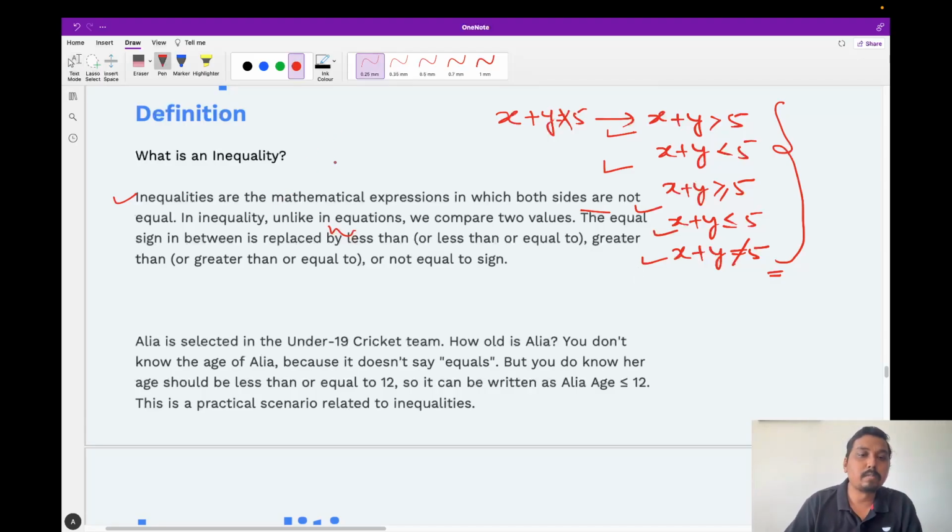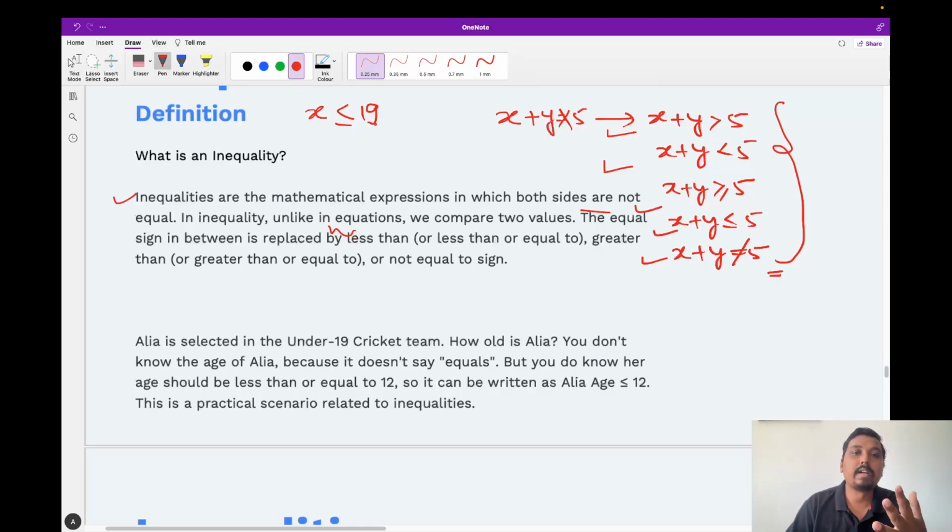Now, if I give a small example, suppose I have been given that Alia is selected in the under 19 cricket team. With this, what equation I can form is Alia definitely has to be less than or equal to 19, because under 19 cricket team means her age has to be either 19 or less than 19.